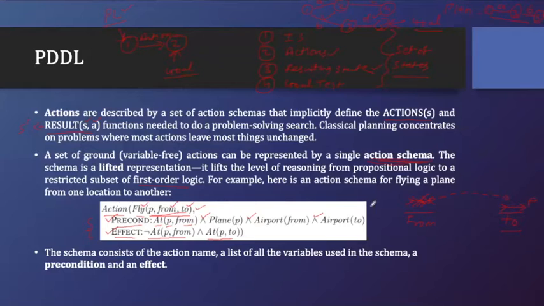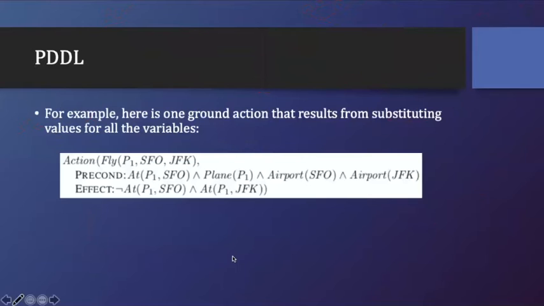We have a set of variables, and with the help of actions, we should have a set of preconditions, and we should have a set of effects, right? And effect is nothing but your result part. So I think you understood the action part now.